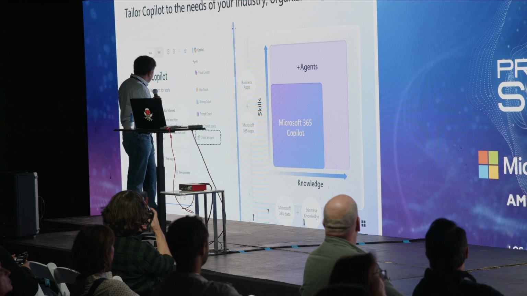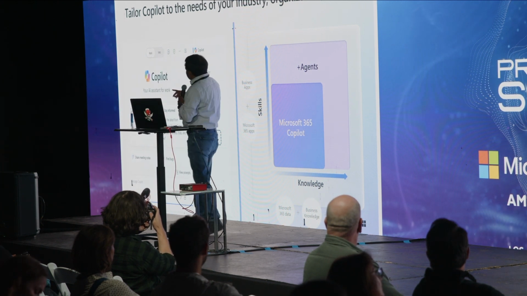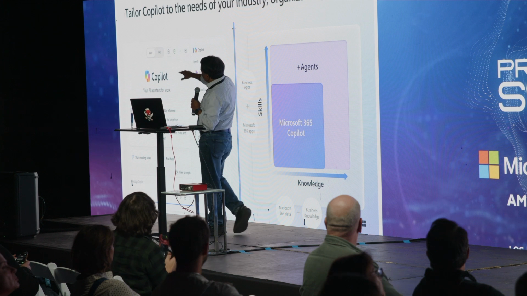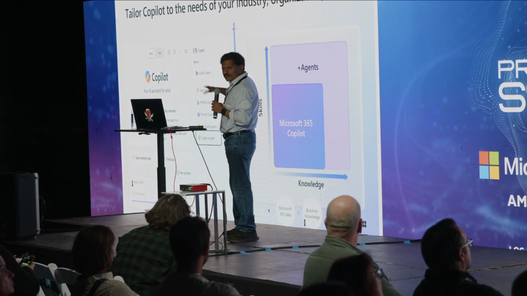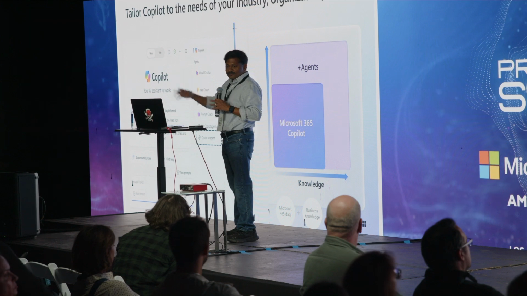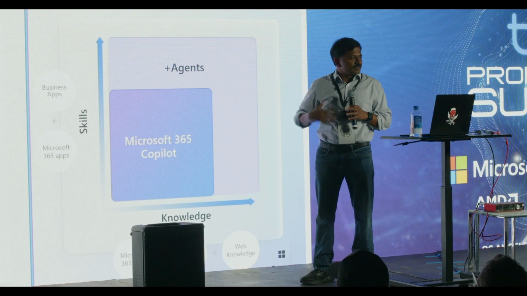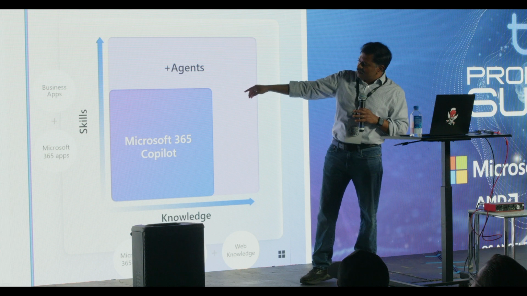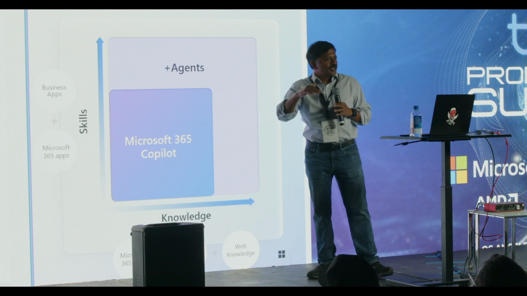So what are these agents? On the right side, you can see at the top, you have two options. One's called Web, one's called Work. When you go to Work, that's where it gets all your Microsoft Graph data from your email and puts it all together as one bundle, and then uses it to get the output. On the right side, you also have something called Create Agents. You can go in and create an agent.